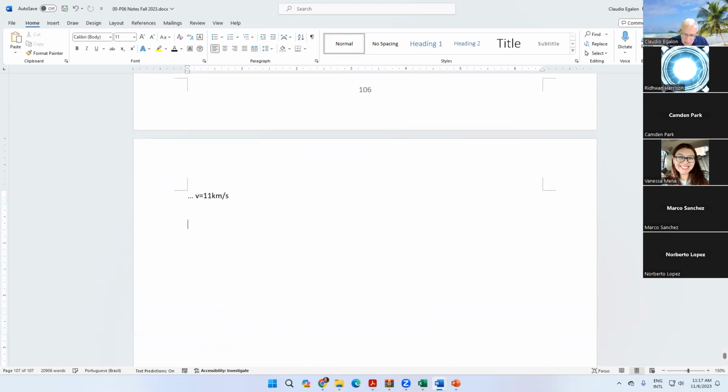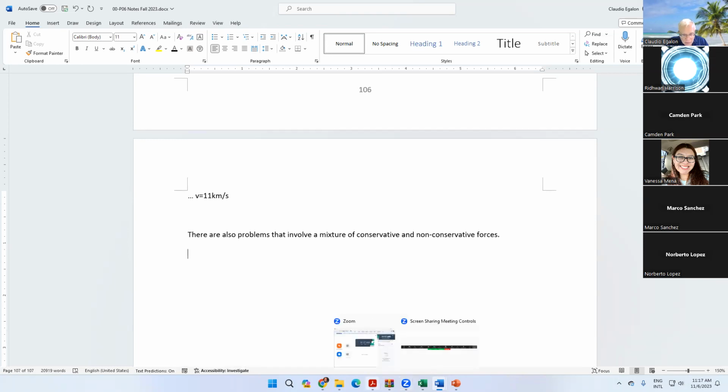And then there are also problems that involve a mixture of conservative and non-conservative forces. You might want to do that as well at home on your own.